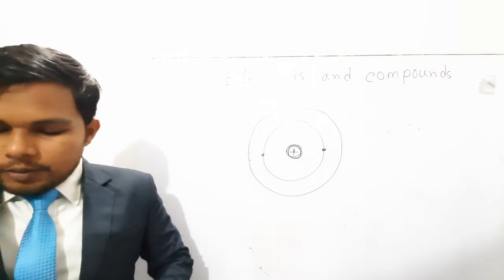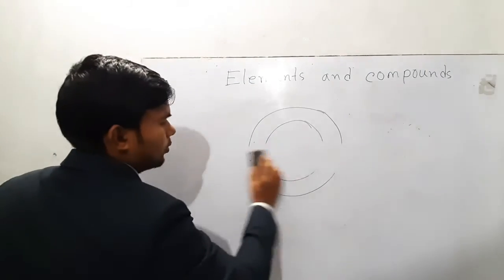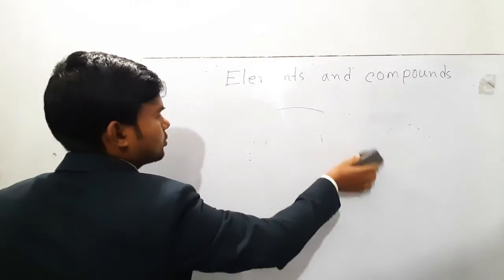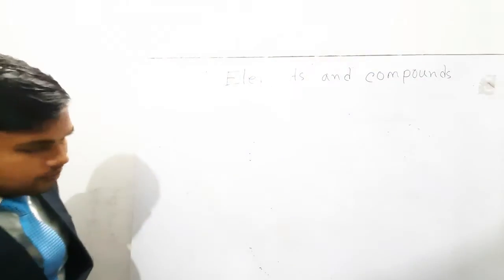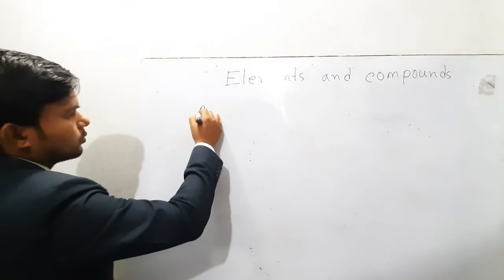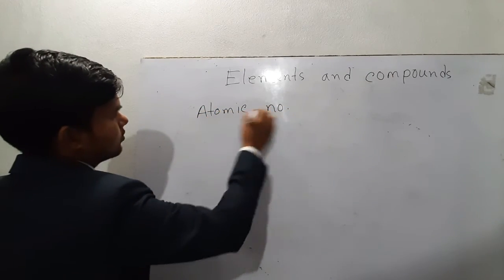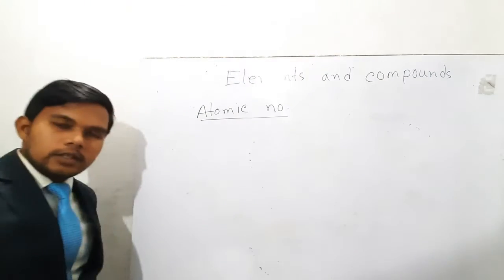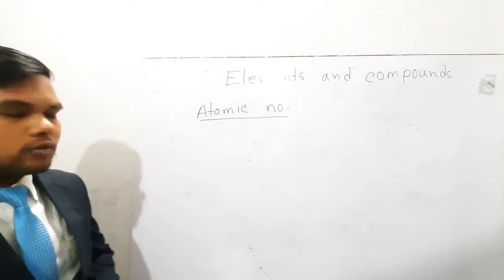So now we will learn about the atomic number and mass number, which is very important, and every year these types of questions come as MCQ in your board exam. The atomic number. Generally, atomic number is the number of protons present in an atom.